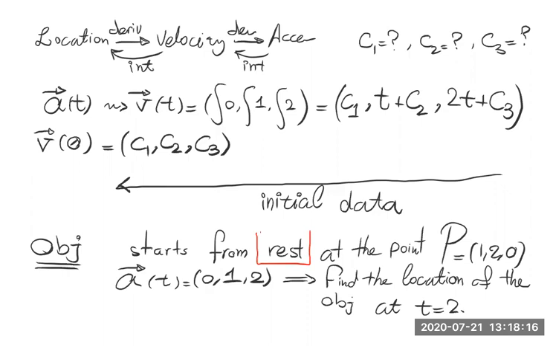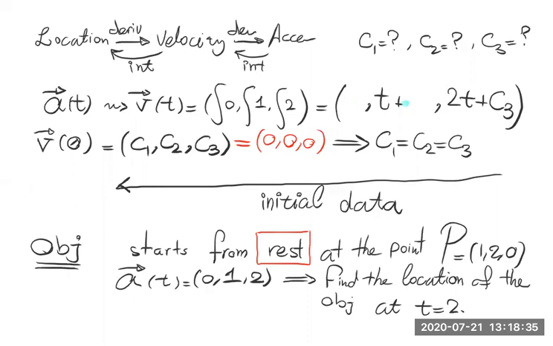It means at the beginning it wasn't moving. So in the beginning the velocity was 0, right? That would imply these constants are all 0. So we don't need them. I can erase these constants. They're just 0.